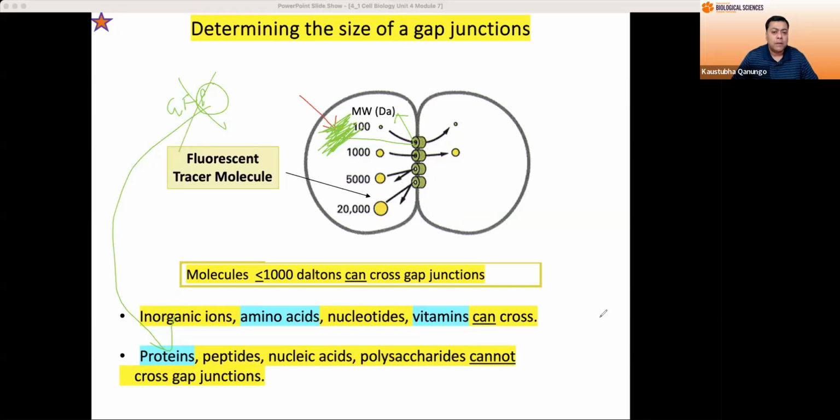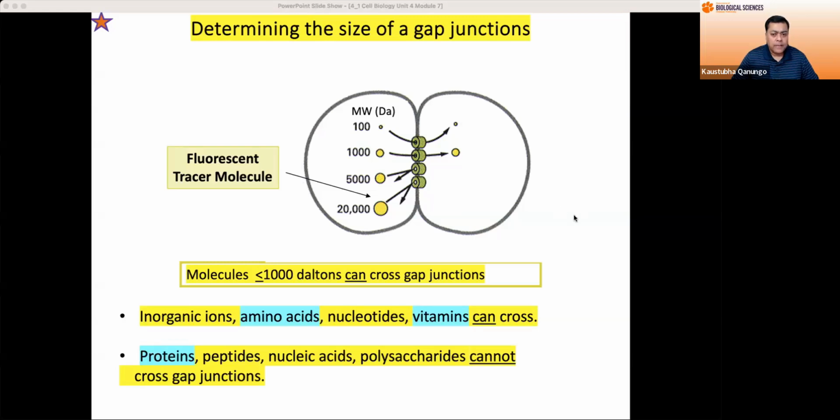So any protein or peptide, if the fluorescent tracer molecule is greater than 1,000 Daltons, it will not pass. Most proteins are, so they will not be able to move through. That's the typical question that you definitely should remember.